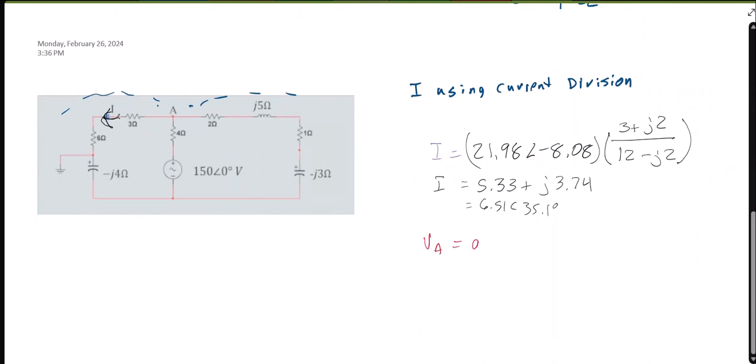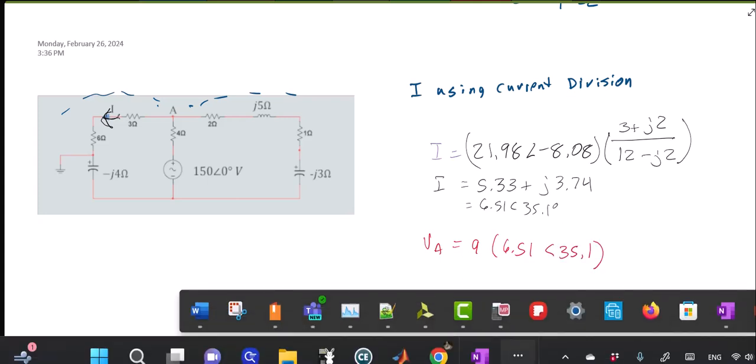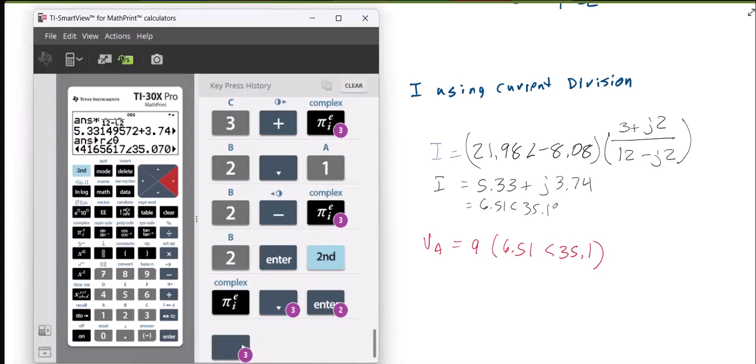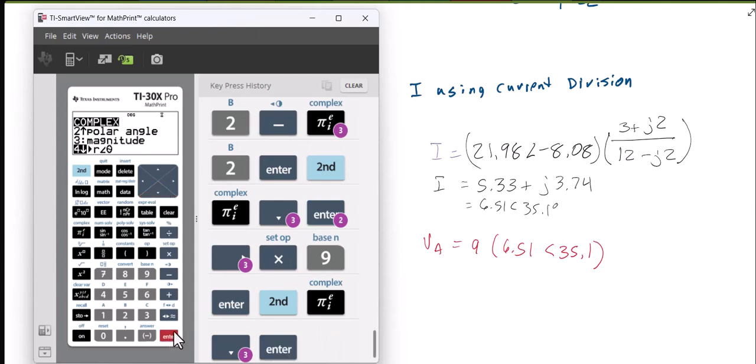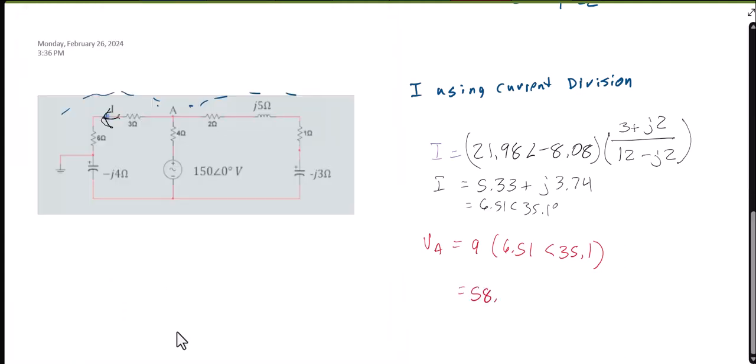So VA equals 9 times this. I'll change it to polar because it's easier for me to write, just less writing. 58.6 angle 35.1 degrees. Okay, are there questions on that one?